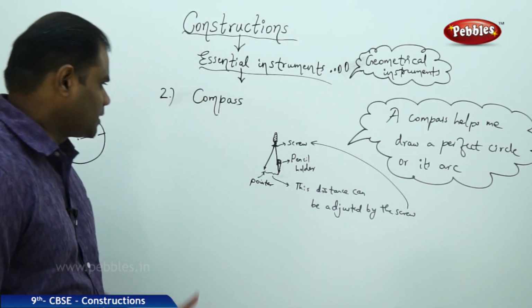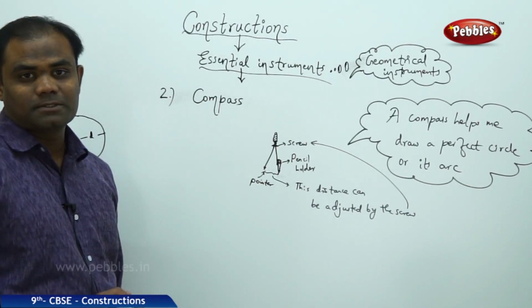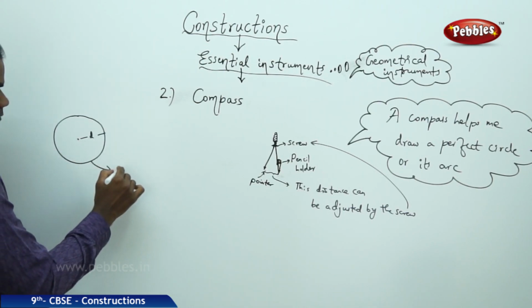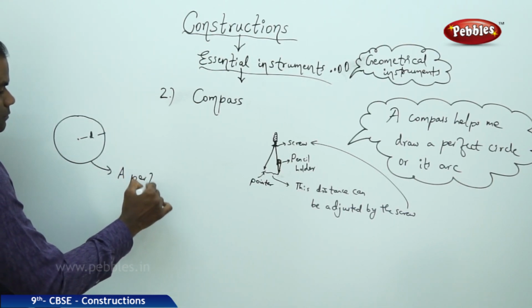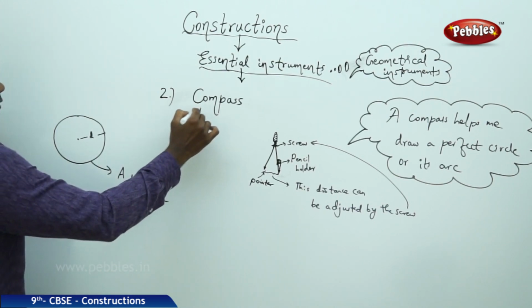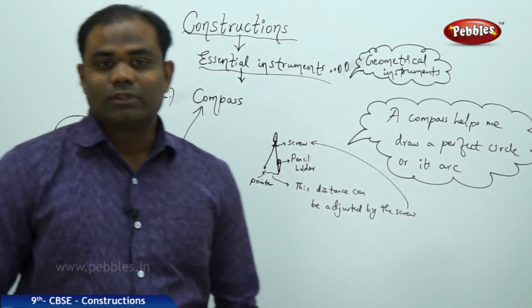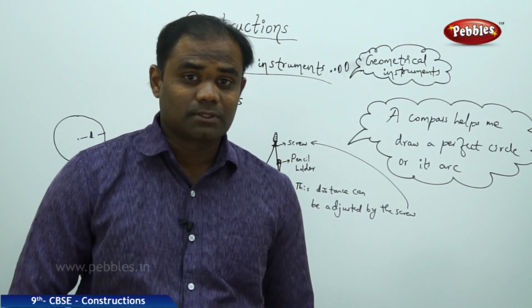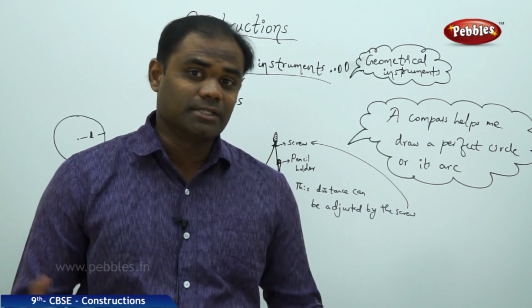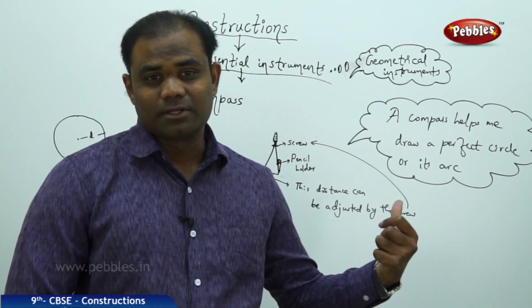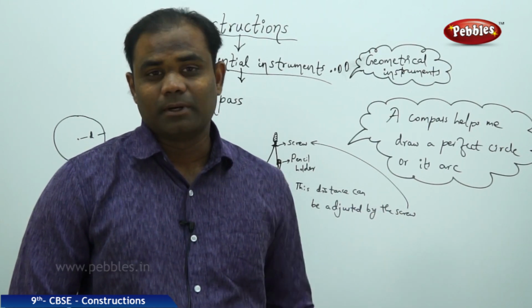This is how we understand the concept of the compass. A perfect circle is obtained using the compass. Without a compass, the circle is not perfect, but with the compass, the circle or its arc is perfect. So the second significant geometrical instrument out here is a compass.